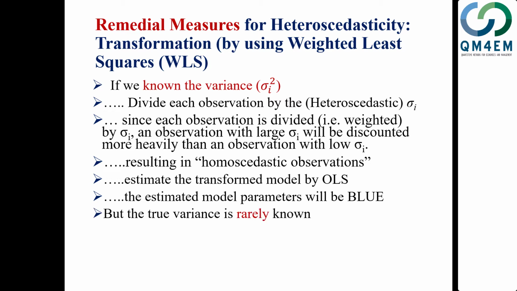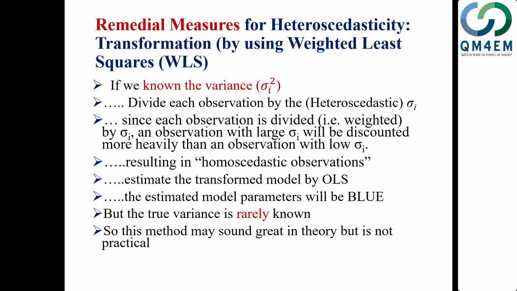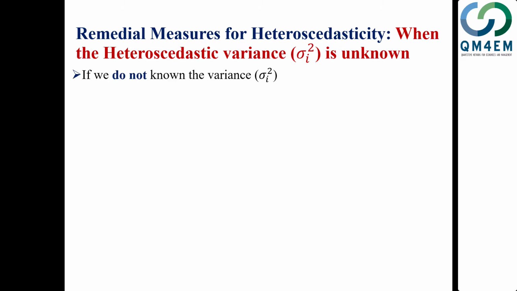However, the problem is that the heteroscedastic variance is hardly known. So this method in principle may sound great, but it doesn't work well because we can't apply it when no variance is available. The second methods are under the heading of the case when we don't know the variance.